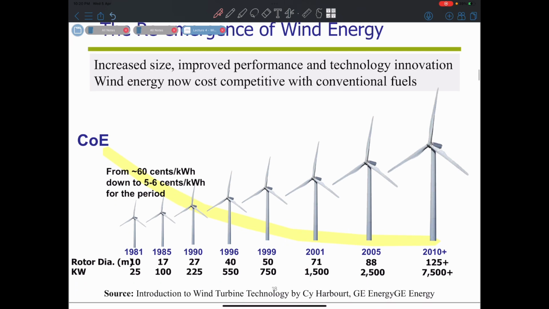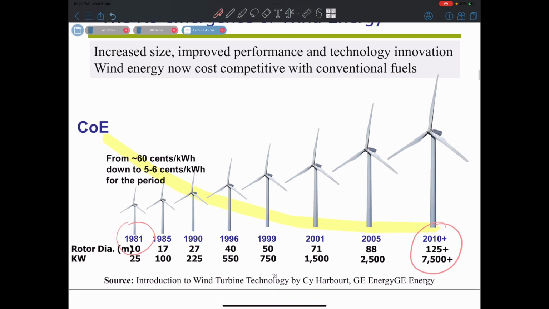So, as you can see, from the early centuries until 2010, there is a huge difference from the first time of innovating in wind energy.